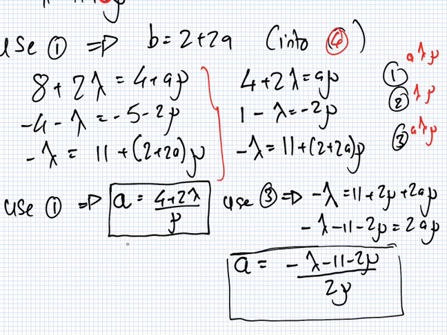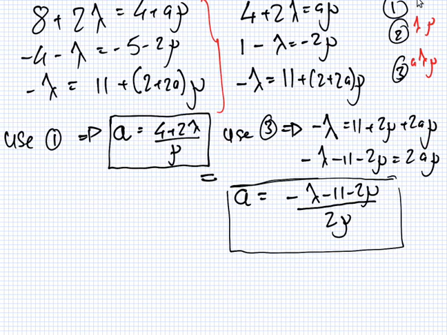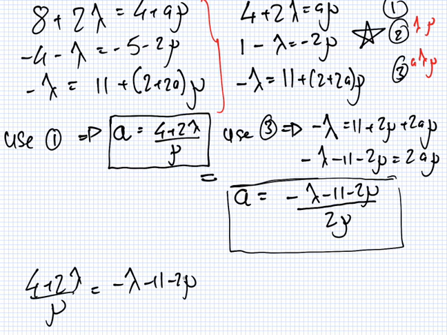Or I could make them equal, yeah, I'll make them equal. So this equals this. And don't forget, we haven't used number 2 yet as well. 4 plus 2 lambda over mu equals minus lambda minus 11 minus 2 mu over 2 mu.